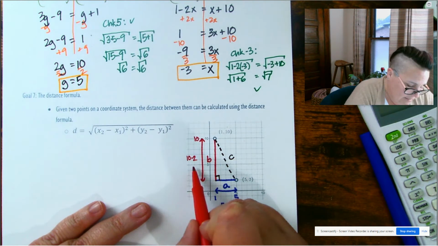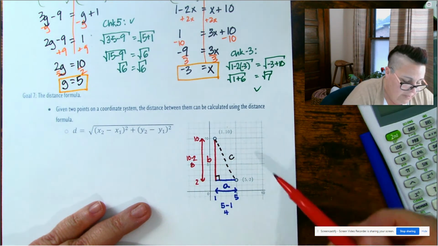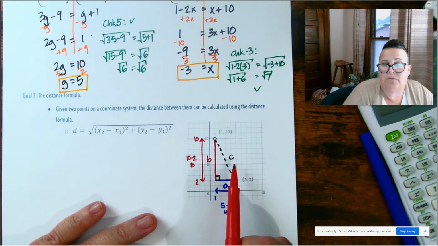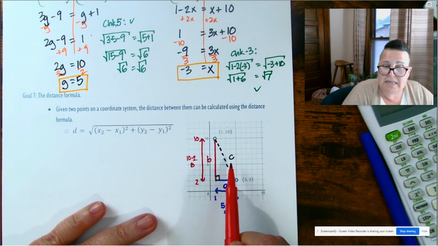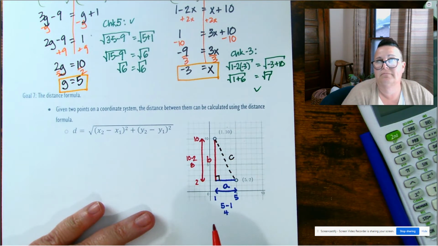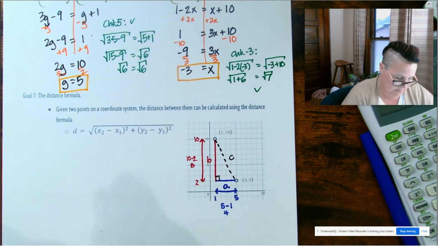So that's 8. Pythagorean theorem says 4 squared plus 8 squared has to equal c squared, or c would be the square root of each of these squared and then added together. The sum of the squares of the other two sides, the square root of the sum of the squares.